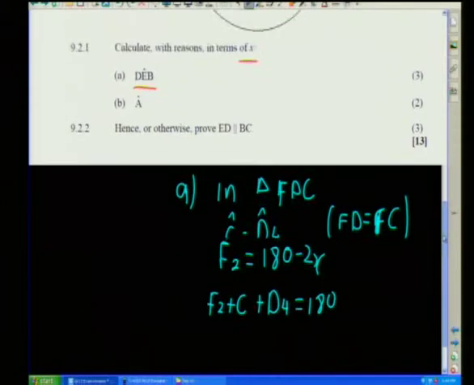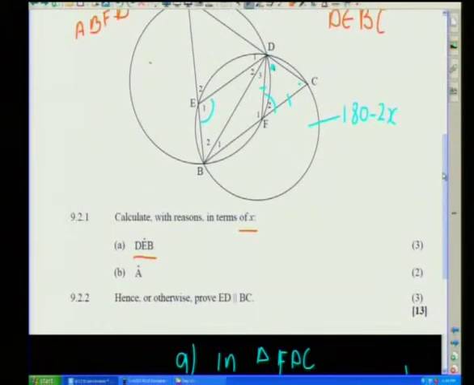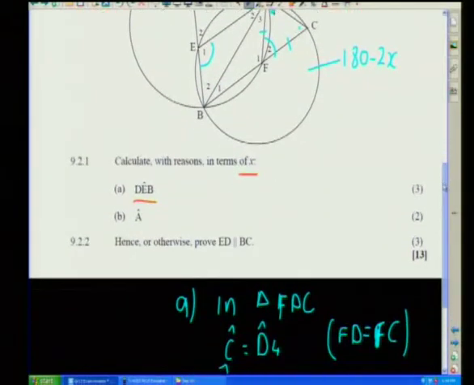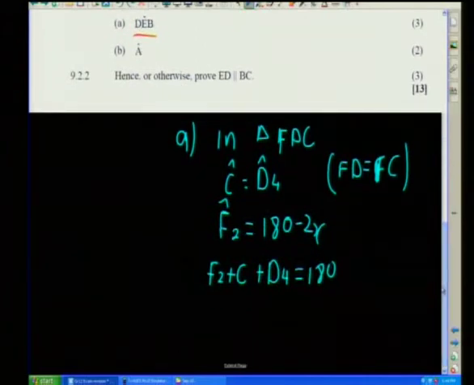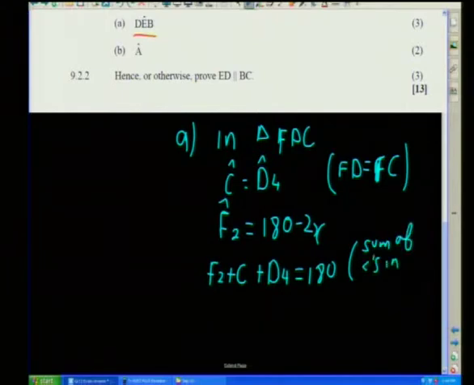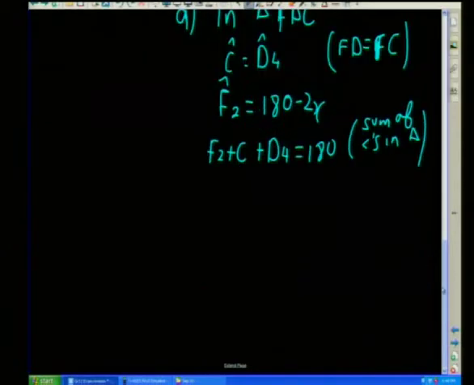How do I know that? Well, those are the interior angles of that triangle. So therefore, those are equal to 180 degrees, and that's because of the sum of angles in a triangle. All right, we know what F2 is, and we know that C and D4 are equal to each other.